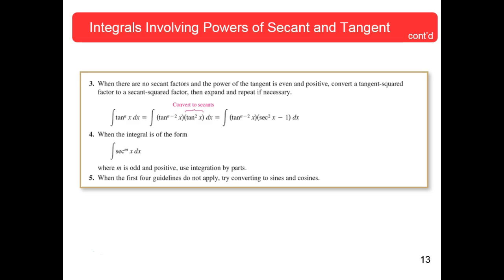So let's move to this one. Secant to the mth x, where m is odd and positive, boo hiss, we use integration by parts. Ha! You remember that, don't you? One part will be a secant to the double thing. That would be the thing you integrate, because that's going to be a derivative of.